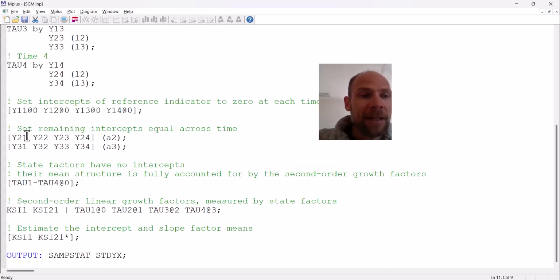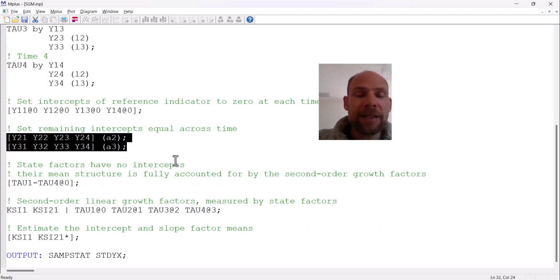The next commands here refer to the intercepts of the remaining non-reference indicators. So those non-reference indicators, they also have intercepts, and the intercepts are freely estimated. However, we want them to be constrained to be equal across time, because for strong or scalar measurement invariance, not just the loadings have to be time invariant, but also the intercepts. Why is it important to have strong or scalar invariance in a latent growth curve model?